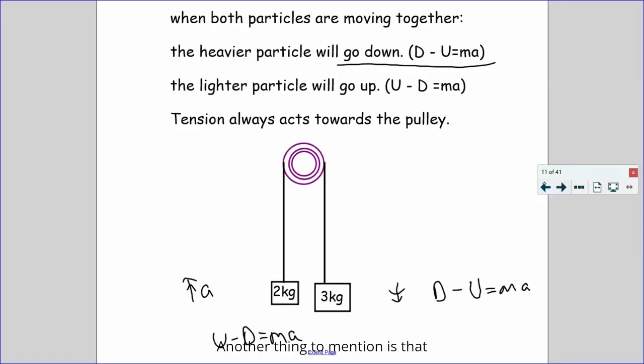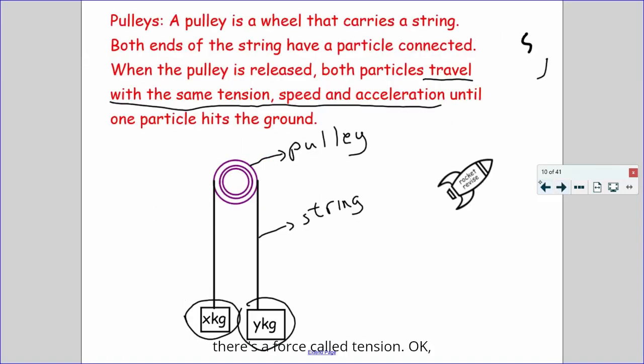Another thing to mention is that there's a force called tension. Tension is a force which acts in a string, which always acts towards the pulley. Now you see the pulley is over here.